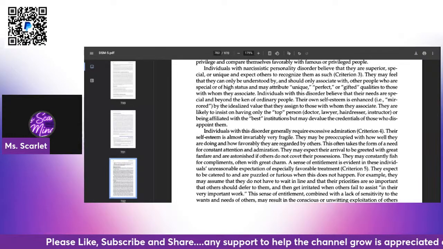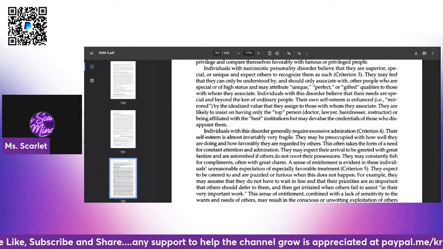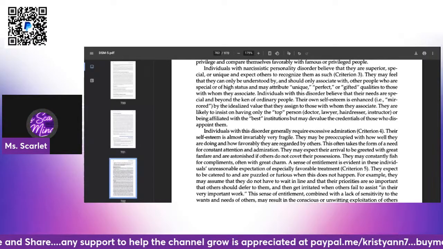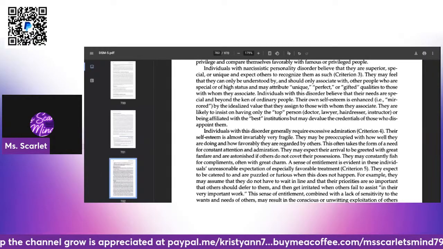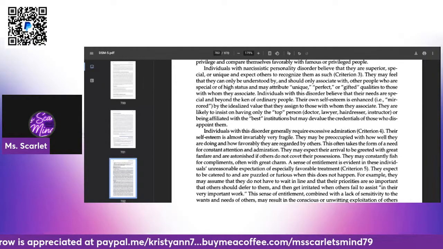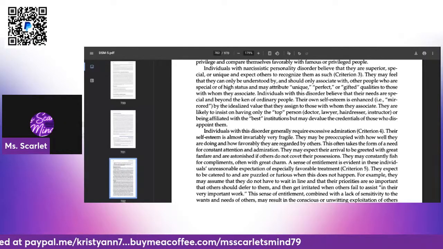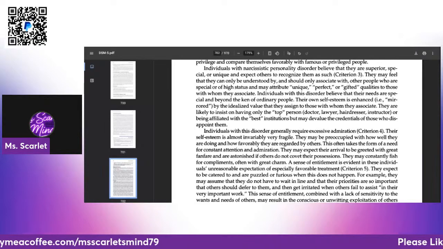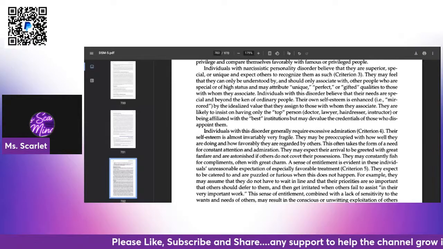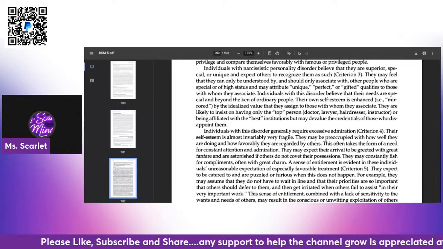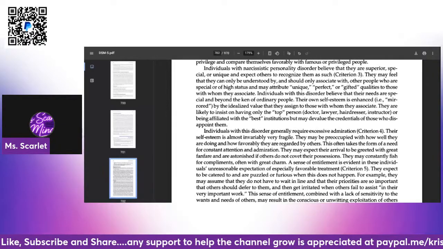All of a sudden, even though they're still the best doctor, let's say they have the best ranking, no, they no longer are in the same group basically as the person with narcissistic personality. They feel that they deserve the best, and then when they get who is actually considered the best, and they're let down by them, it doesn't matter how they're seen by everyone else. They no longer see them as the best, no matter what.